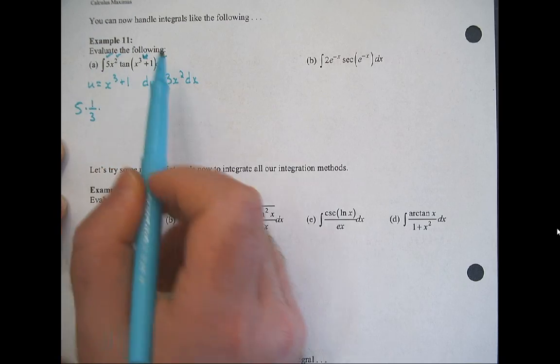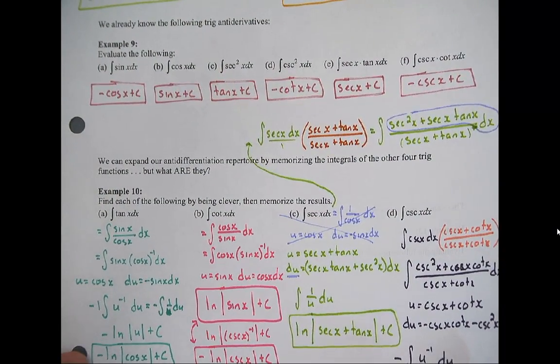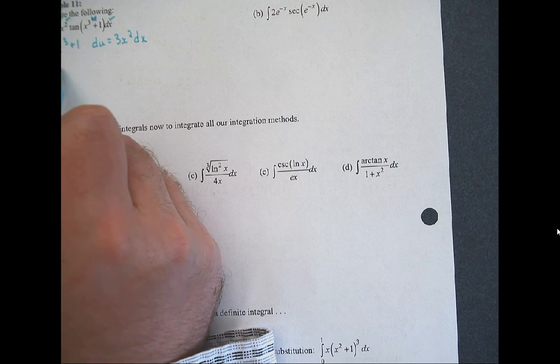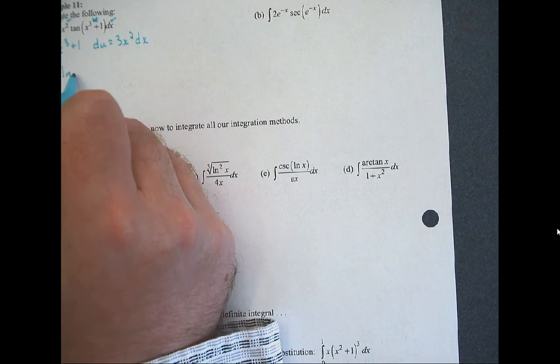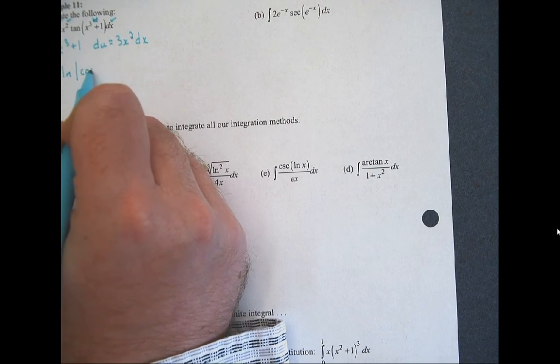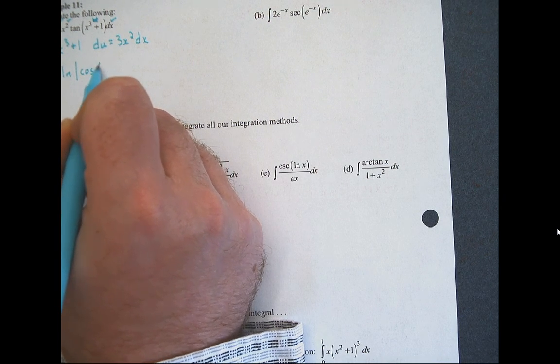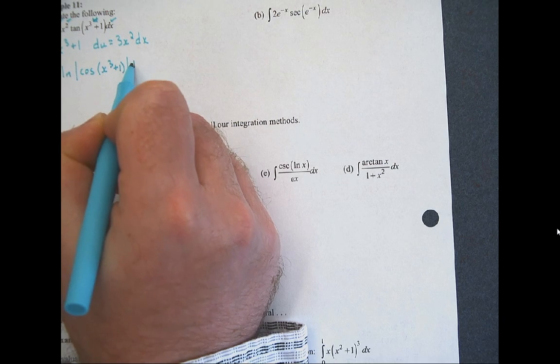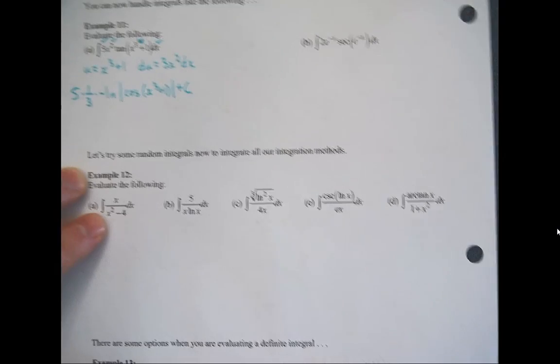So what's the integral of tangent of u? I already forgot. Tangent of u could be either one. I don't care which one you want to use. I'm going to use negative natural log of absolute cosine of the quantity x cubed plus 1. Don't forget your plus c.